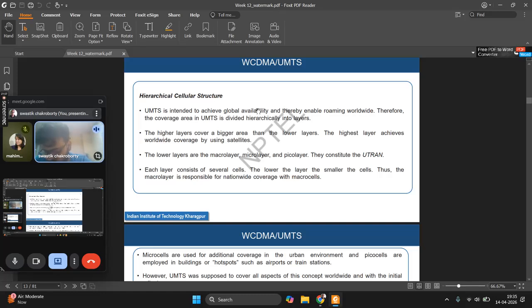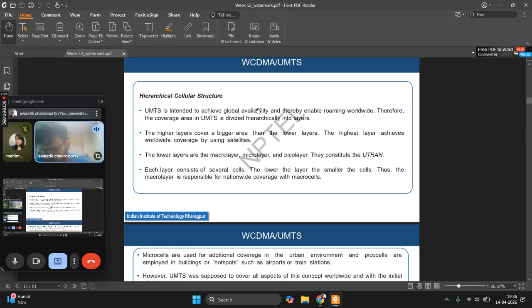So the UMTS is hierarchically made so that when we come to the highest level possible, the entire world is covered.